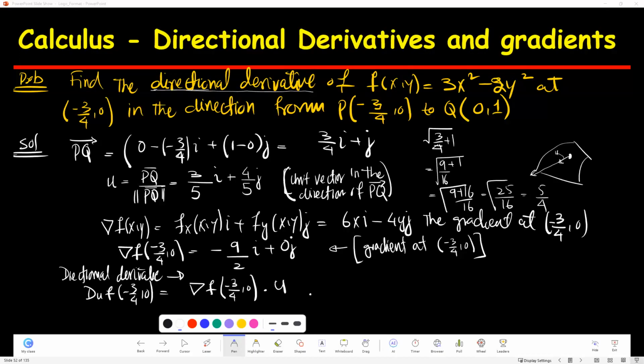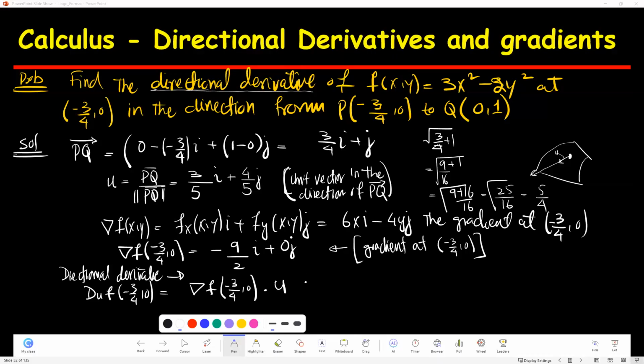This is exactly the dot product. So really, the directional derivative is a dot product, a scalar product between the unit vector and the gradient vector.